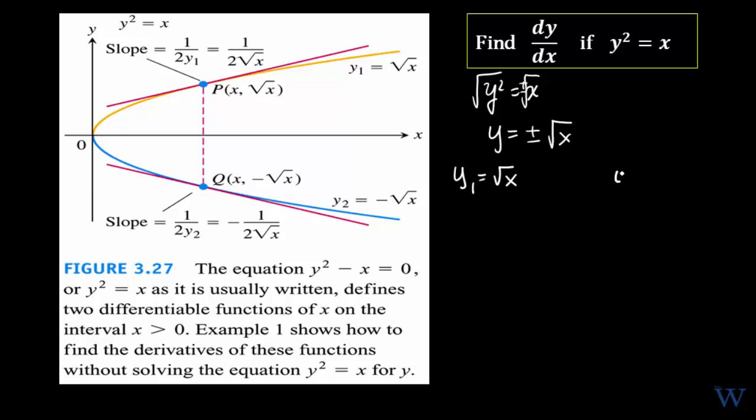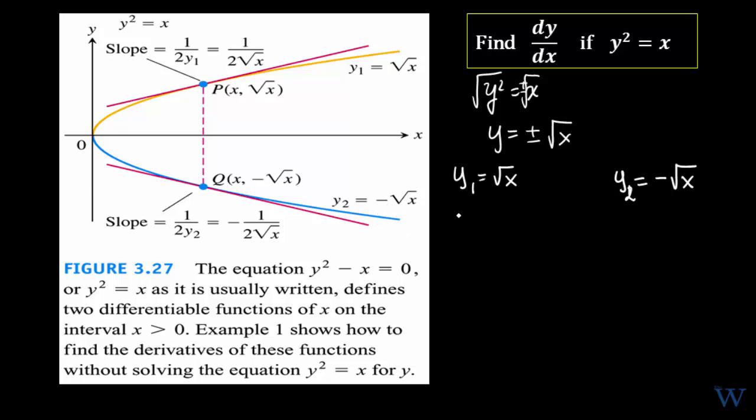And then another one, y2, is equal to the negative of the square root of x. So we split this relation into two, that way we'll have two functions where y is solved explicitly now in terms of x.